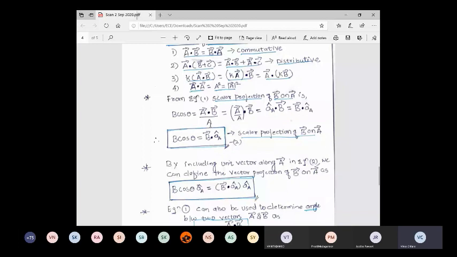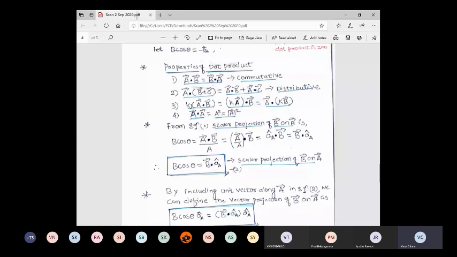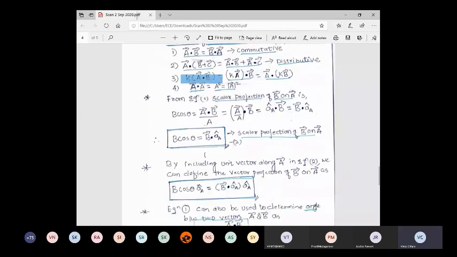It's simply a number, 1 by A. From the scaling property, I can say 1 by A is K, and by the scaling property I can write this as vector A divided by its magnitude, dot B. That's what we have here.